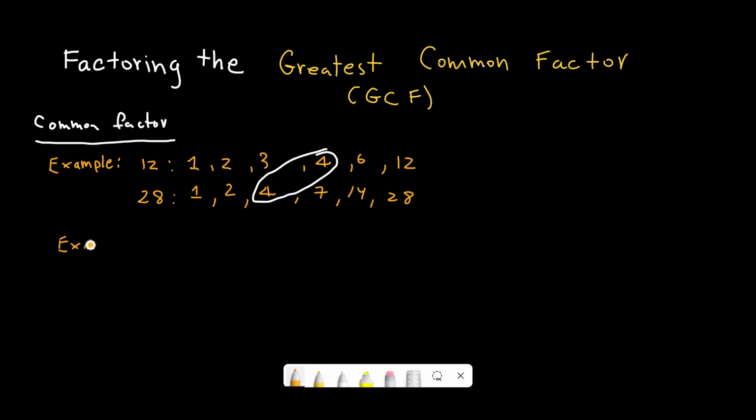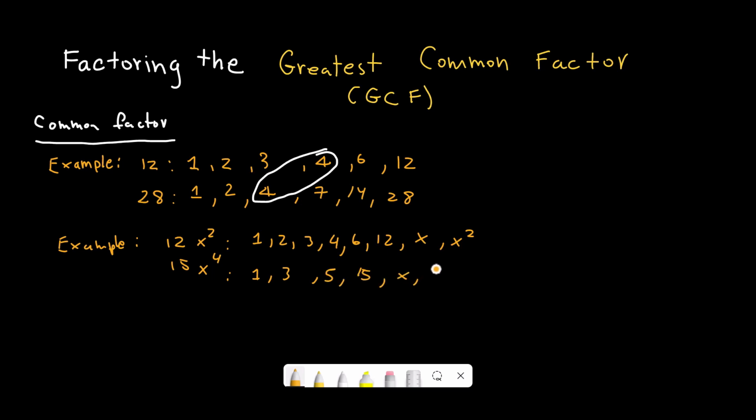Let's look at one more example. 12 and 15, but let's add a variable to these numbers. Let's add x squared and x to the fourth power. Now let's find a common factor. The best thing to do first is to find the common factor of the numbers. Now let's do number 15. 1, 3, 5, and 15 are factors of 15.